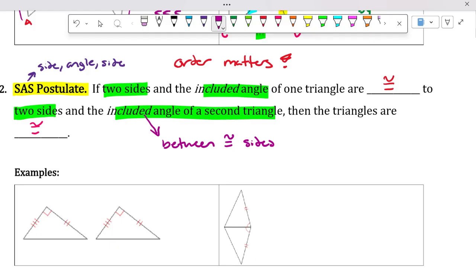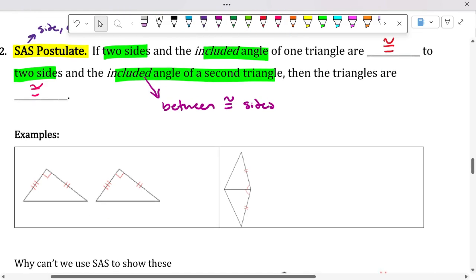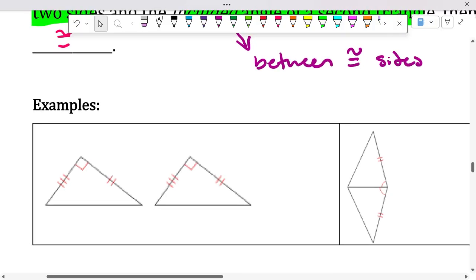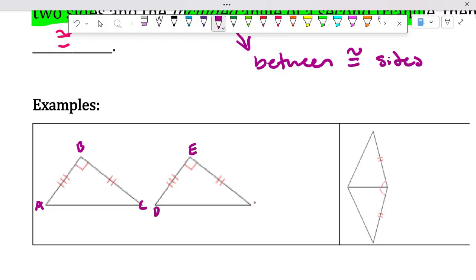All right. So let's look at these pictures. If I look at the first one, let's call it ABC and DEF. Now, if we look, we already have two sets of congruent sides, that'd be AB and DE, as well as BC and EF.